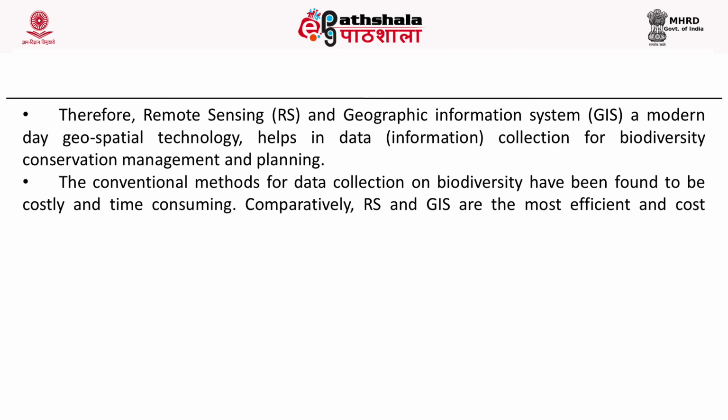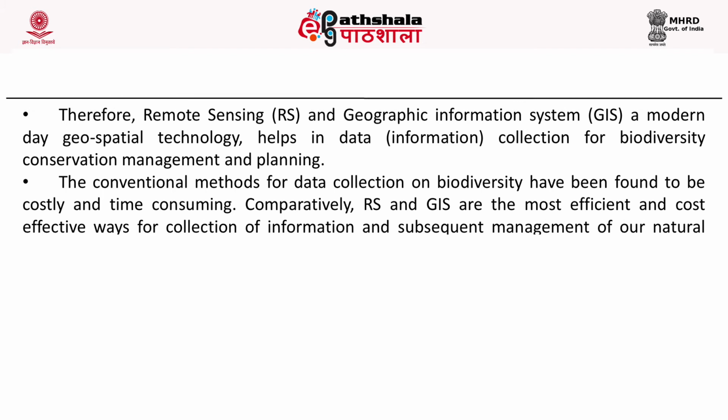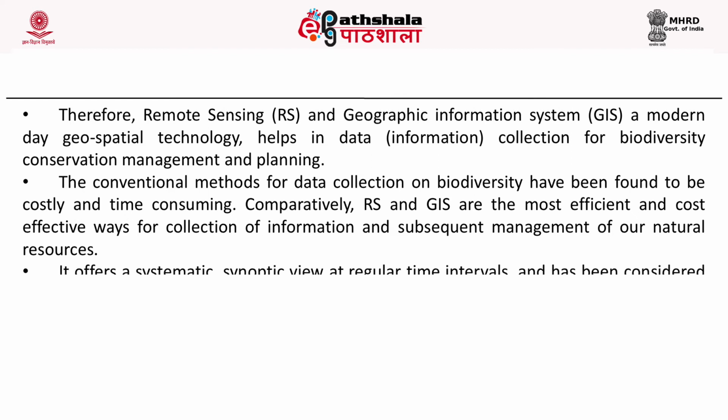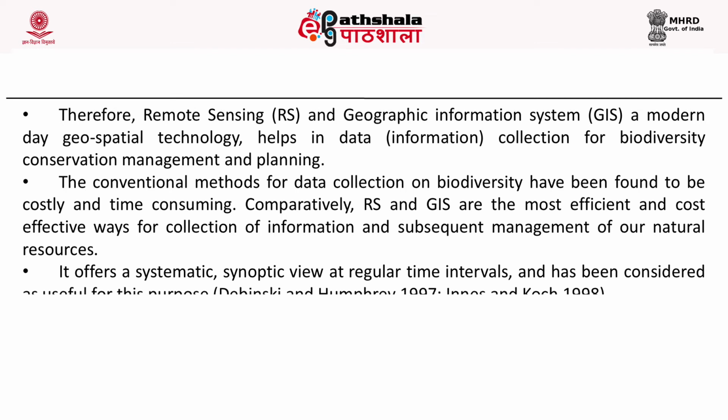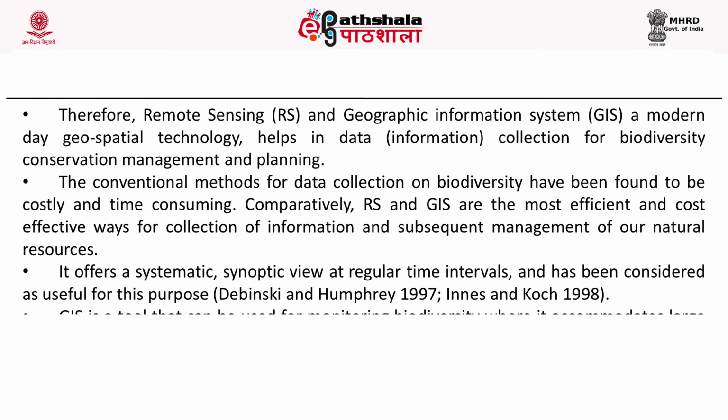Comparatively, remote sensing and GIS are the most efficient and cost-effective ways for collection of information and subsequent management of natural resources. It offers a systematic, synoptic view at regular time intervals and has been considered quite useful.